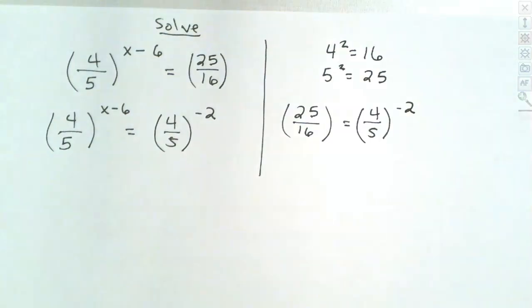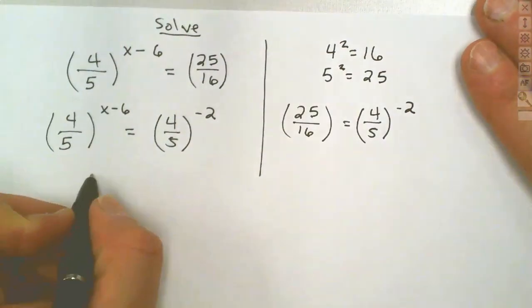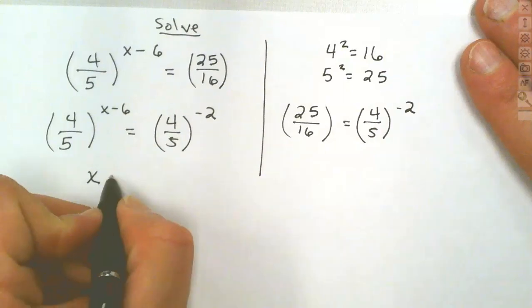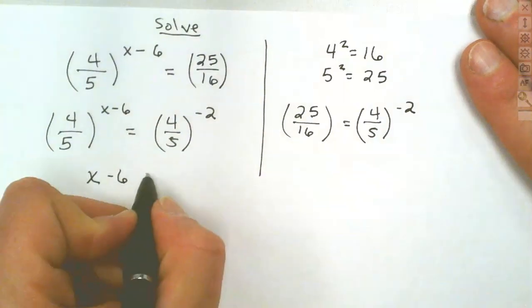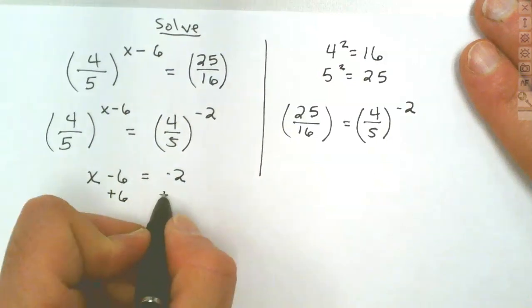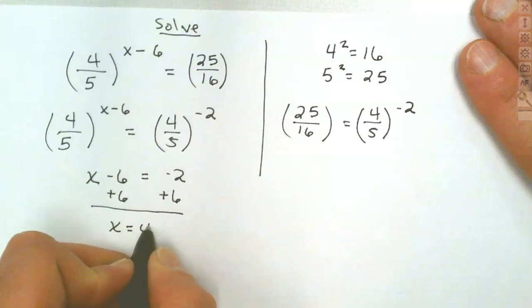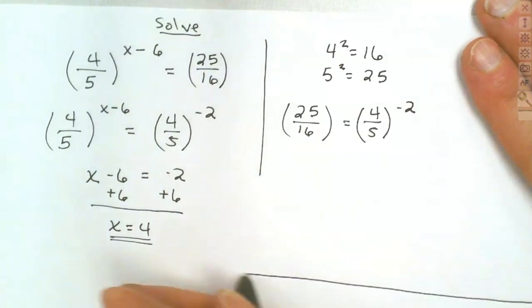Yes, they are. If the bases are the same, then the exponents must be the same as well. So our equation is then simply x minus 6 equals negative 2. Easy to solve. We'll add our 6 over. And that leaves us now with x equaling 4.